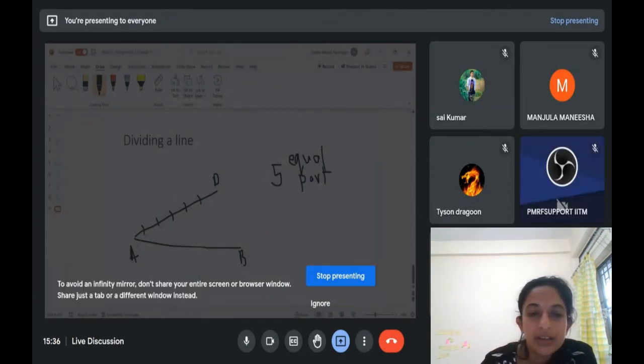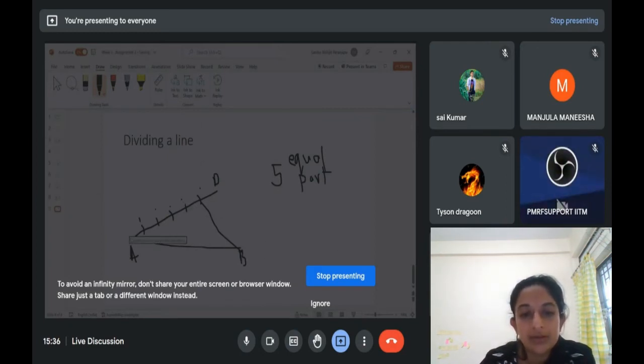So when we mark these points 1, 2, 3, 4 and 5, after this we join the last point with the point B, which is the end of line segment AB.